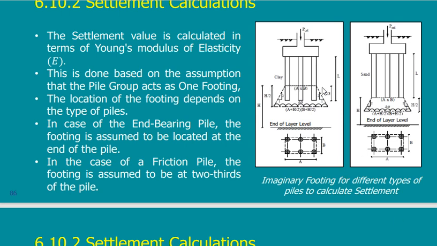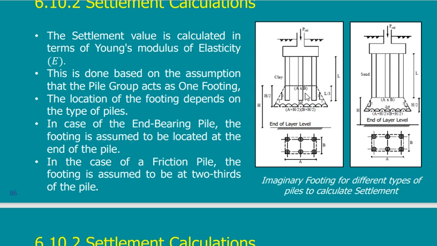So now I know the location of the imaginary raft. It is at the bottom in case of end bearing, and it is at the third bottom portion of the pile for the friction case. Suppose you don't have a case of pure end bearing or pure friction.